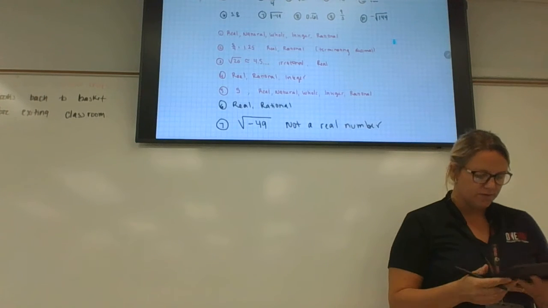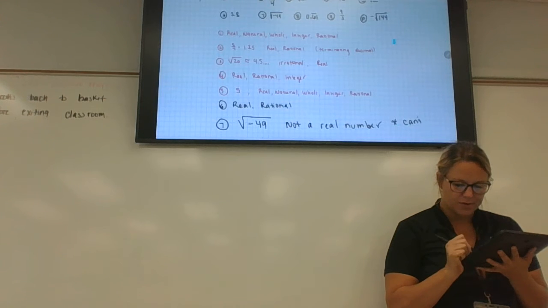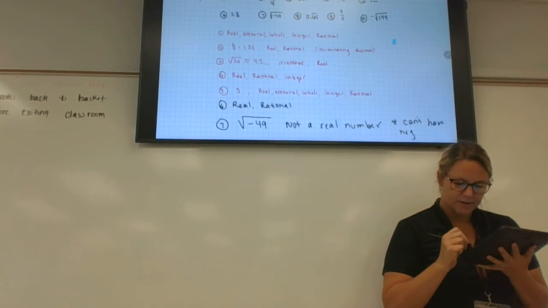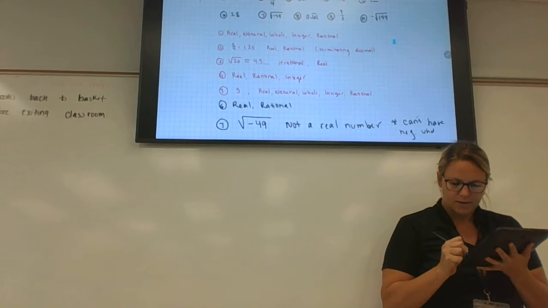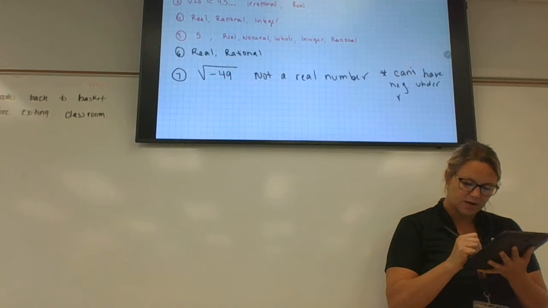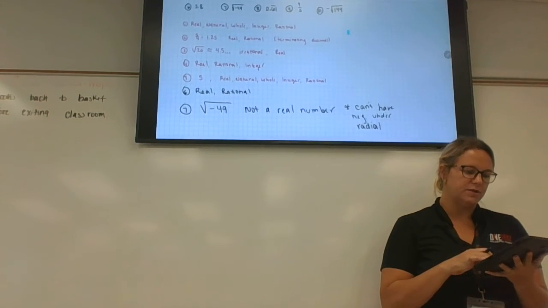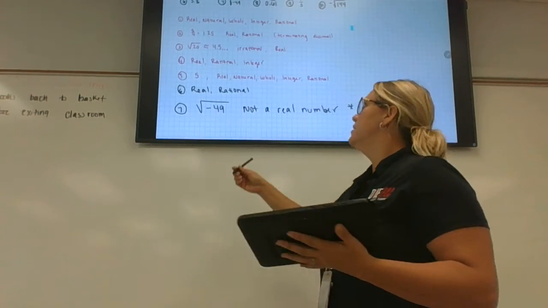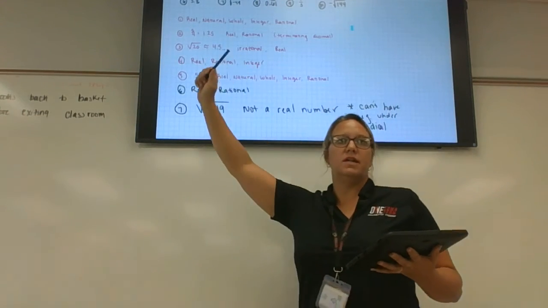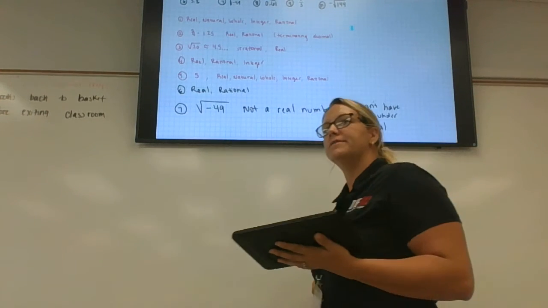You can't have, and let me just put a star and explain that, you can't have a negative under the radical. This is the smallest writing. You probably can't even read it. So I mostly just wanted to highlight the difference between 7 and 10. 7, not a real number because the negative is under the radical. 10 is a green light, go. Totally fine.